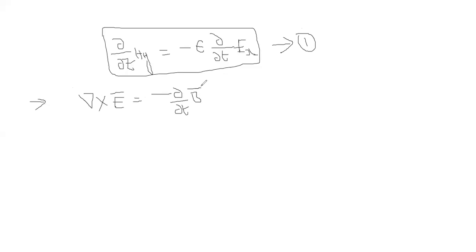What are the components of B bar? In the Cartesian coordinate system, dou by dou t of Bx Ax bar plus By Ay bar plus Bz Az bar.